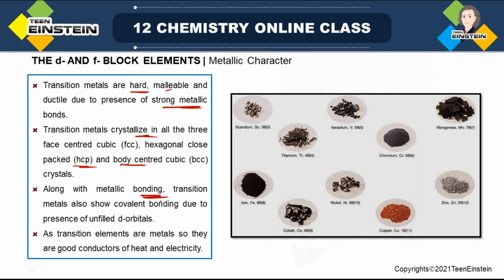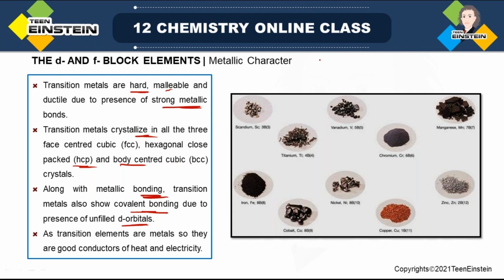Along with metallic bonding, transition metals can also show covalent bonding. Metallic bonding is especially for metals, that is not observed for other elements. Suppose you consider any non-metal, obviously metallic bonding is not present. But here sometimes covalent bonding is also possible, and it is because of the unfilled d orbital.